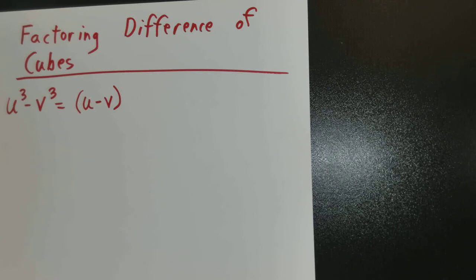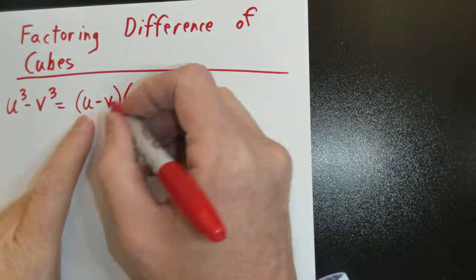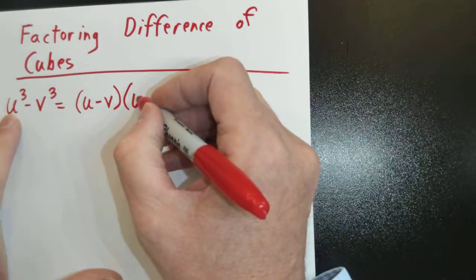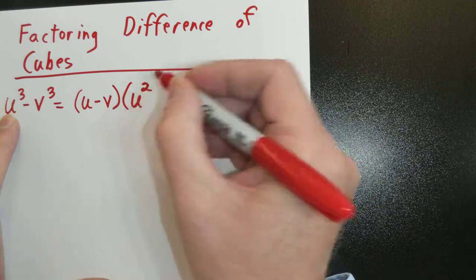Okay, that's the first factor. That is going to be multiplied by, now, I've got u. I need u squared to get u cubed, right? I'm going to go u squared here.